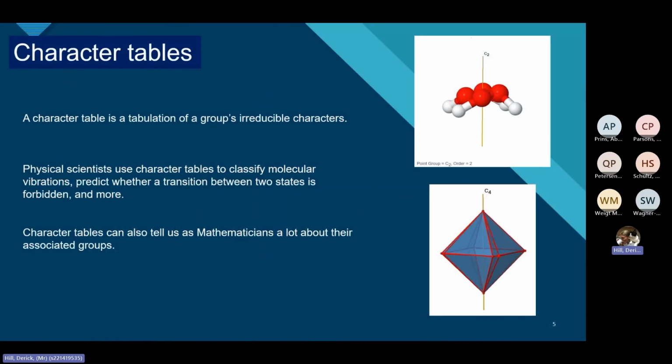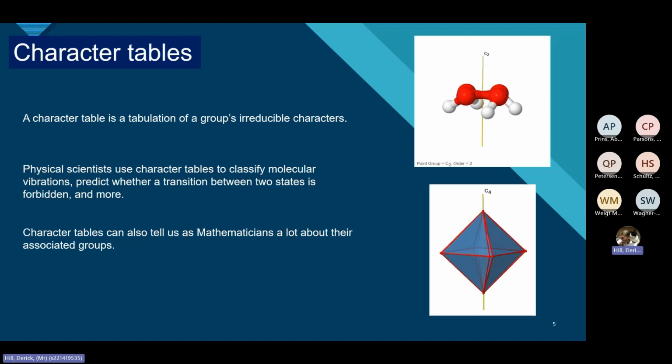What is a character table? A character table is a tabulation of a group's irreducible characters. Now, this has a lot to do with representation theory and character theory, which we're not going to go too much into in this presentation, but it is just to show why we want these conjugacy classes.